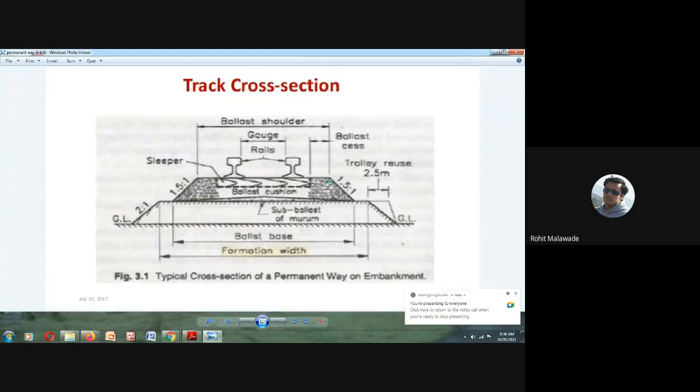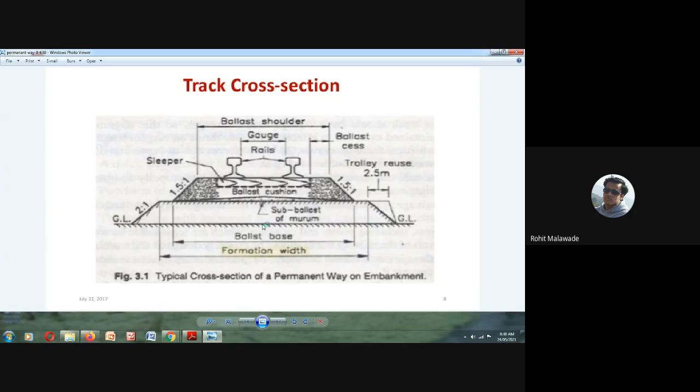You have already seen this in your previous module, the different elements of permanent way. In module 1, we have seen above ground level there will be the muram or the subgrade.